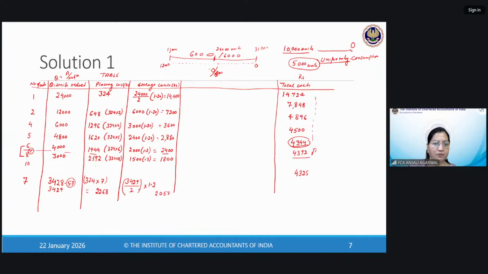So this will also be approximately the same, but just because we have rounded off, they would not be exactly the same. There will be a slight difference.